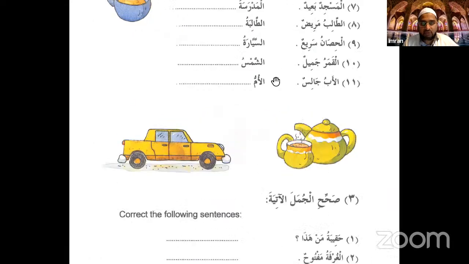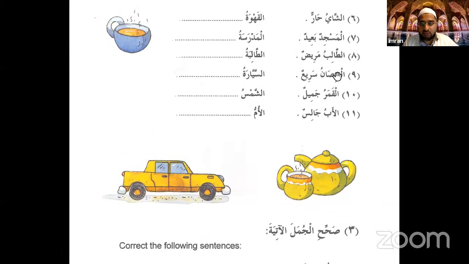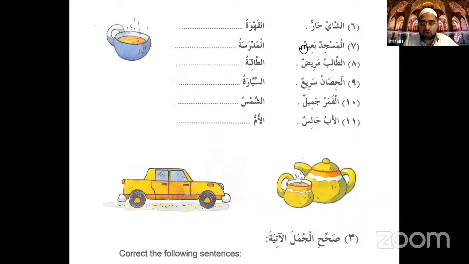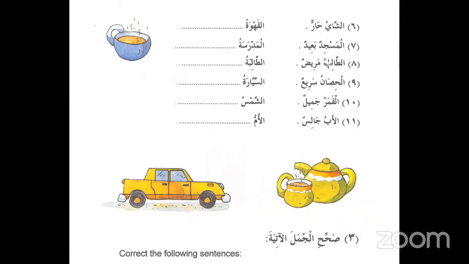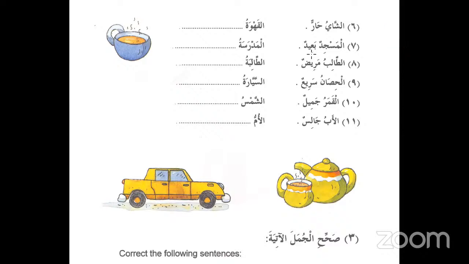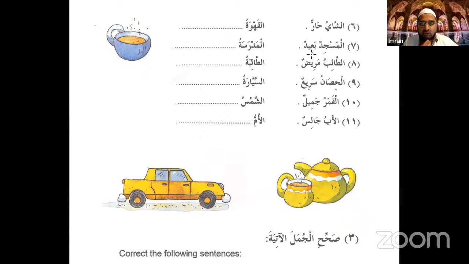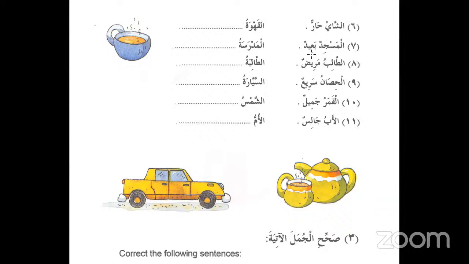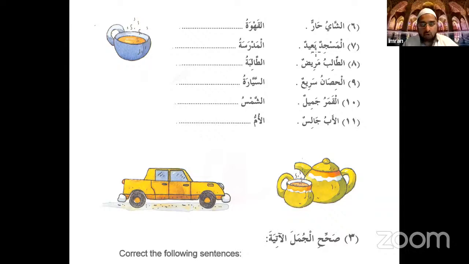So this is a normal ruling, Sister Fiza. Al-masjidu ba'idun. Normally, when you have two nouns, the first noun should have alif lam, and the second noun should be without alif lam. So al-masjidu ba'idun, the mosque is far. If you added the alif lam on al-ba'idu, then ba'idun will no longer be the khabar.